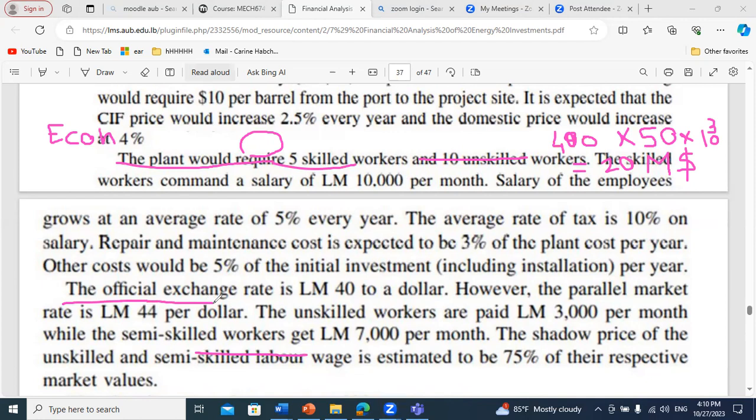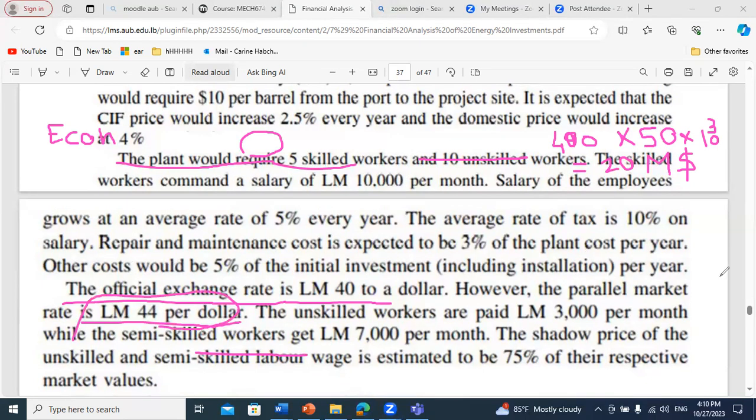And the parallel market rate is 44 LM per dollar. We have already discussed together that whenever we consider the economic rate, we will take the shadow one, while for the financial rate, we'll consider the official one.